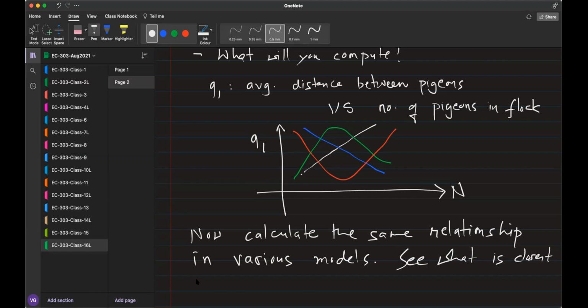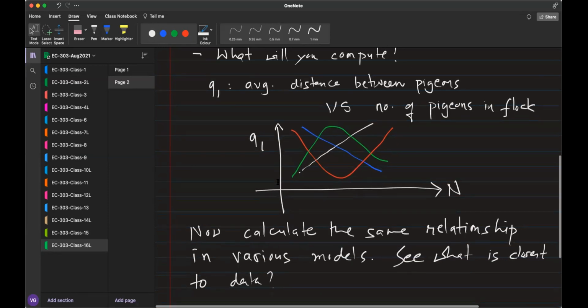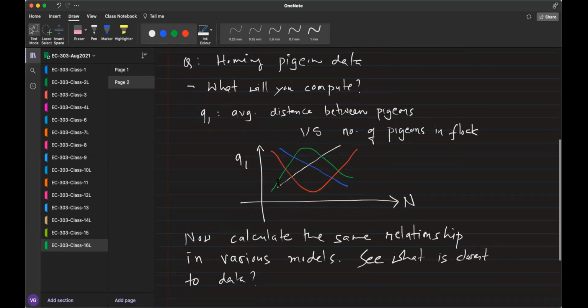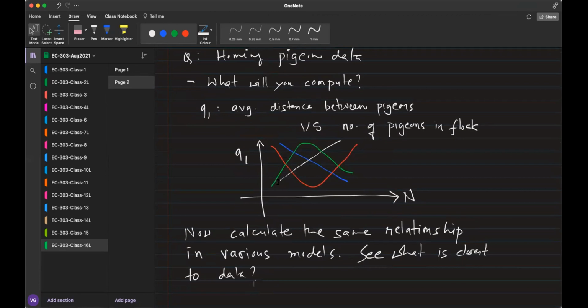Is everyone in agreement with this? Any questions on this? So you calculate something like average distance between pigeons, and then you do it for different flock sizes.